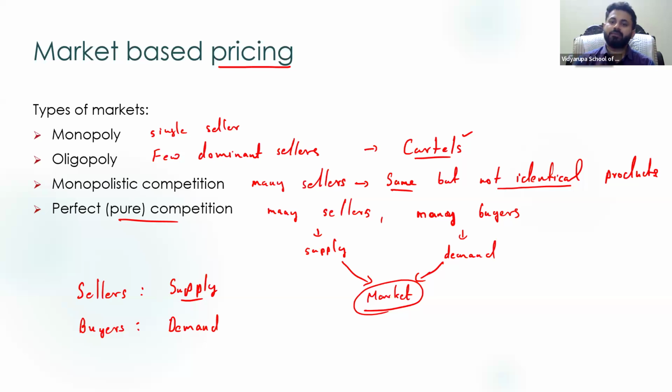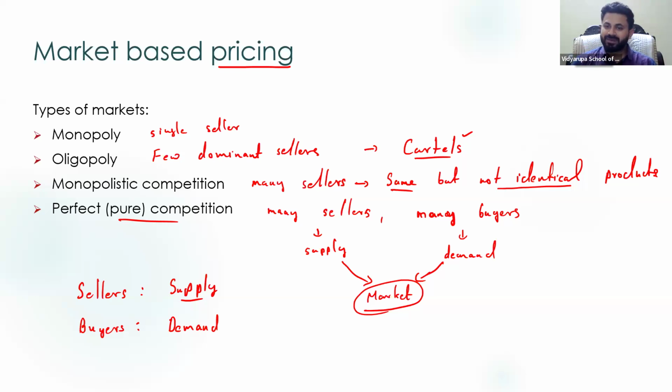Could be because of quality, technology, or a different platform, whatever it may be. If you make your product stand out from the other products in the market in terms of features, that gives you as a seller the edge, the freedom to set your own price.